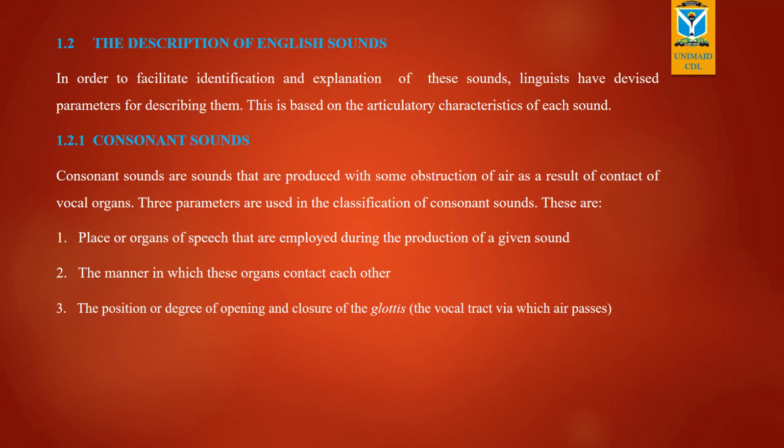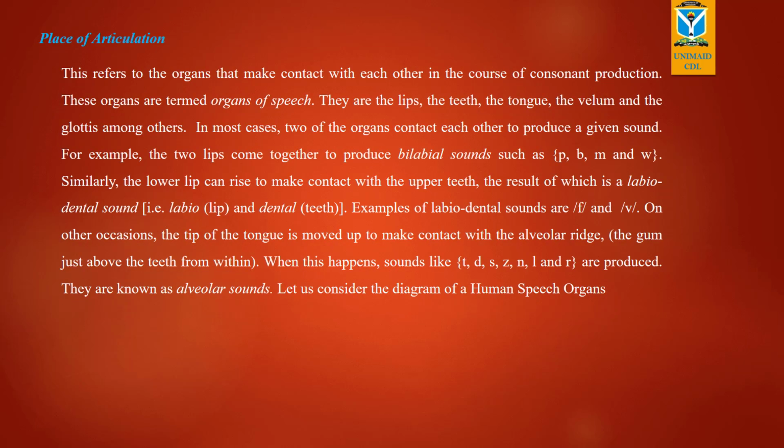That is, manner of articulation. Then the third parameter is the position or the degree of opening or closure of the glottis. That is the vocal tract which allows or obstructs the air that passes through. Then here are the identified three basic parameters employed to describe the consonant sounds.